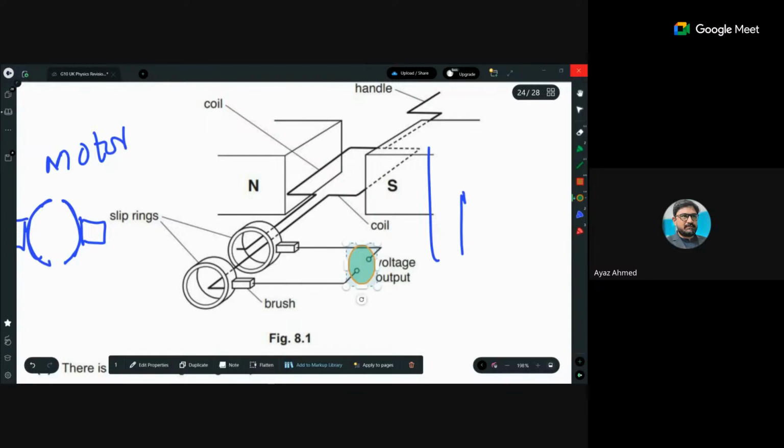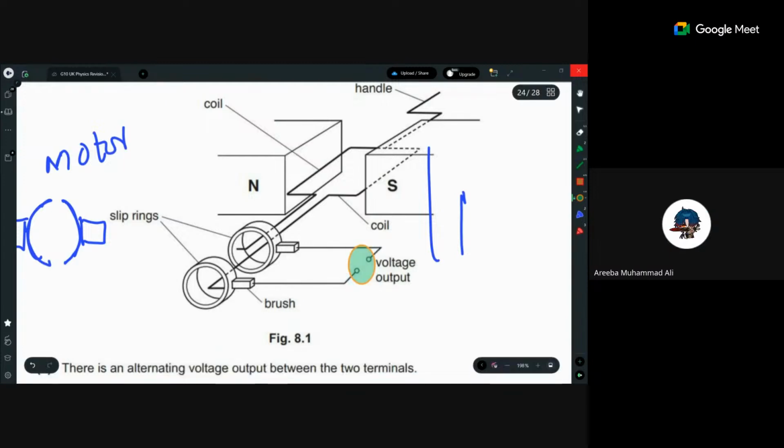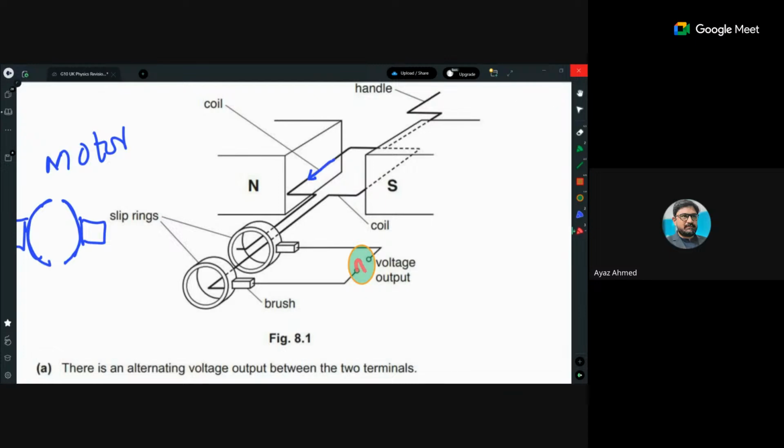Tell me. Slip ring, slip ring, and carbon brushes. Because everything we just said is that current is induced in the coil. Are you listening to me? What did we write? That current is induced in the coil. But the question is how did it reach the output? Using the slip rings and carbon brushes.